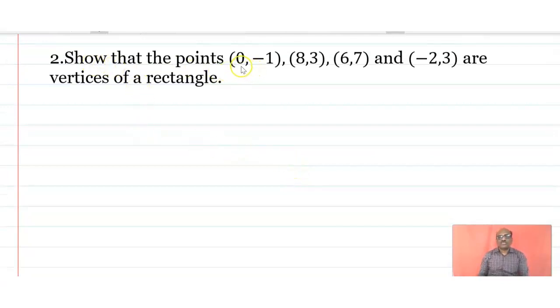Show that the points (0, -1), (8, 3), (6, 7) and (-2, 3) are vertices of a rectangle. Now, first of all, the solution for the rectangle.